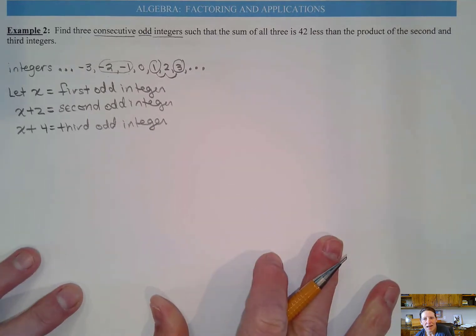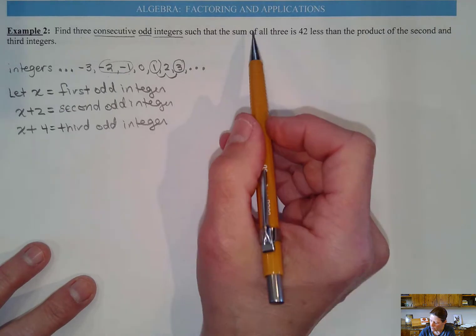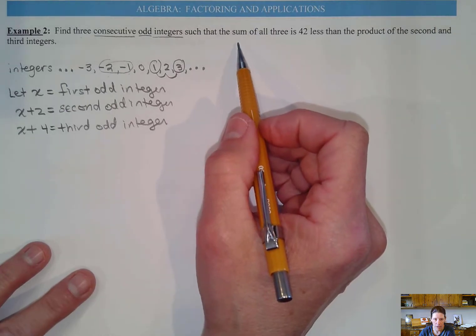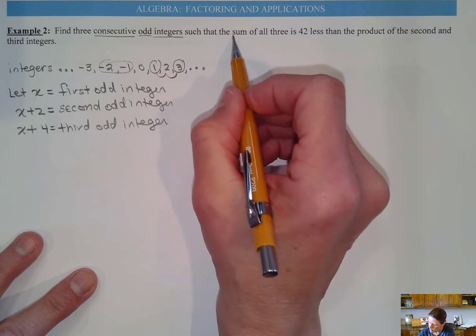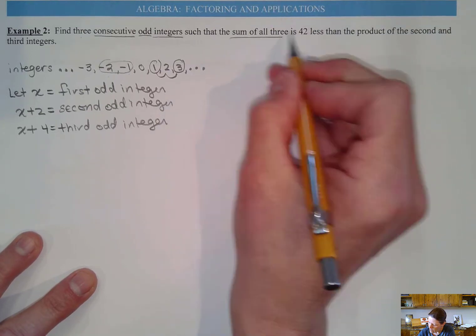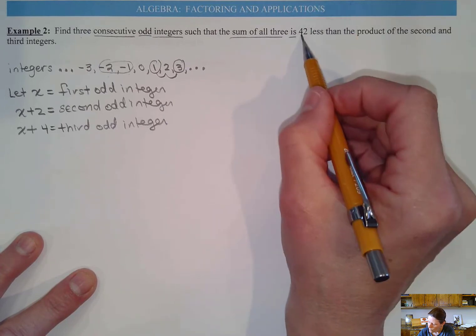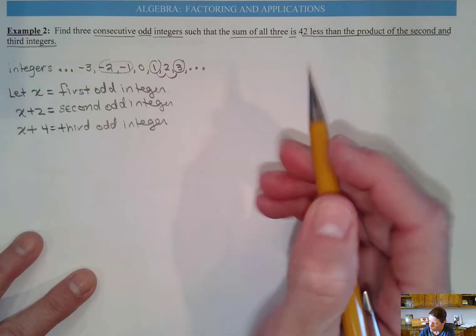Okay, so now let's write an equation based on the sentence that we read above. The sum of all 3 is 42 less than the product of the second and third integers.